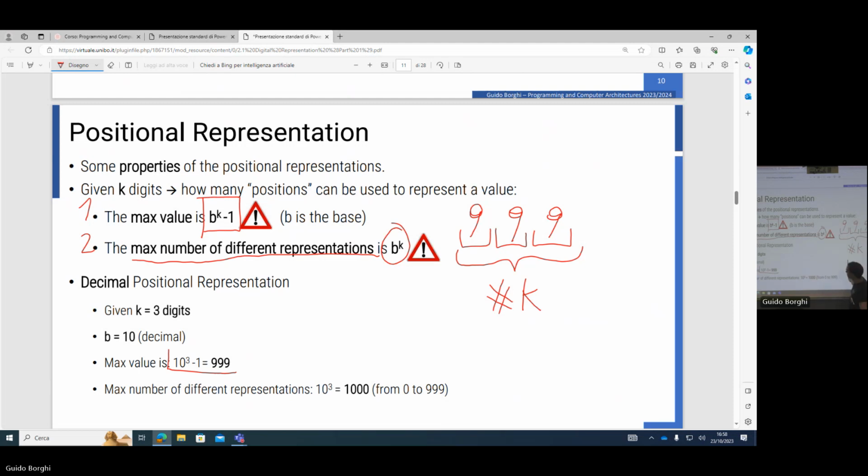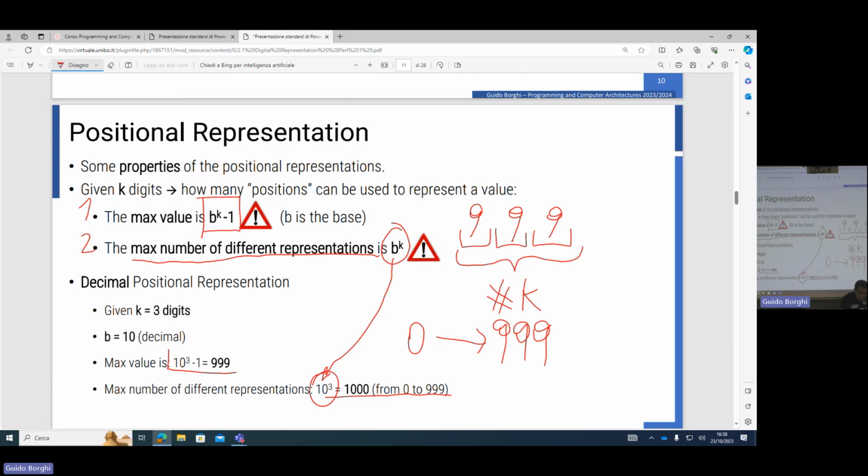Since in 3 different positions, we can write all the representations that range from 0 to 999. And if you count them, you find that we have 1,000 different representations. 1,000 is 10 to 3.